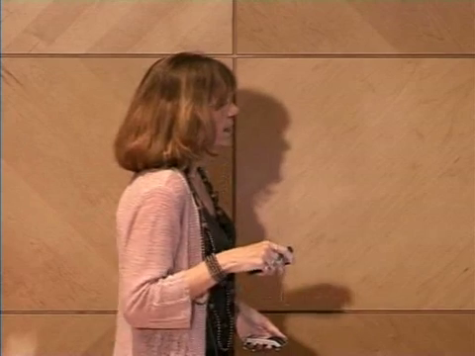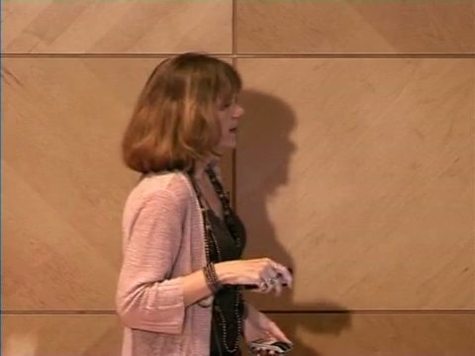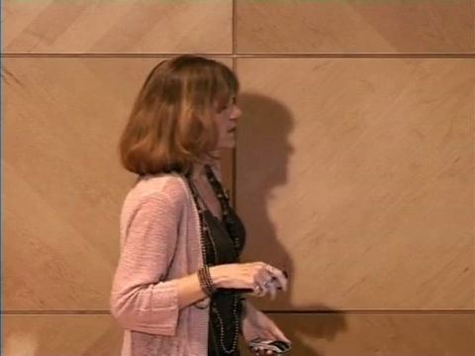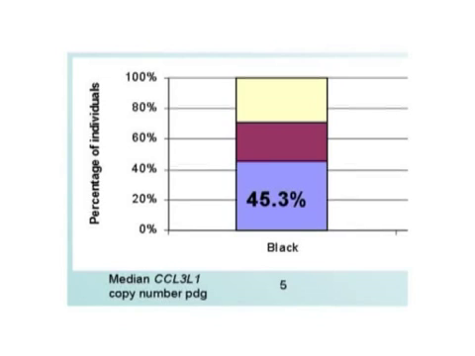What was very interesting around the time when we were doing this work, and we had just started looking at copy number as a factor in our results, a paper came out in Science showing that copy number lower than the population average, and you have to compare it to the population average, is associated with markedly enhanced HIV/AIDS susceptibility and disease progression.